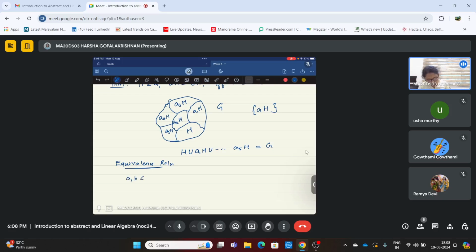If a and b are in G, then a is related to b if and only if a inverse b belongs to H. This is the same as the earlier theorem, aH equals bH. So this is the equivalence relation. Corresponding to it, we get distinct equivalence classes, as given in this figure.